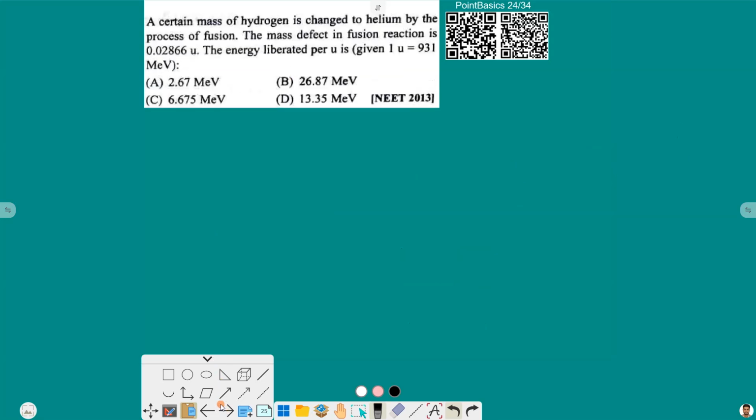Now the next one: a certain mass of hydrogen is changed to helium by the process of fusion. The mass defect in the fusion reaction is 0.028666 U, and we need the energy liberated. Delta E will be basically delta m c square. Here we have mass in AMU, so it will be 0.02866 multiplied by 931, and the answer will be in MeV, equal to 26.82 MeV.